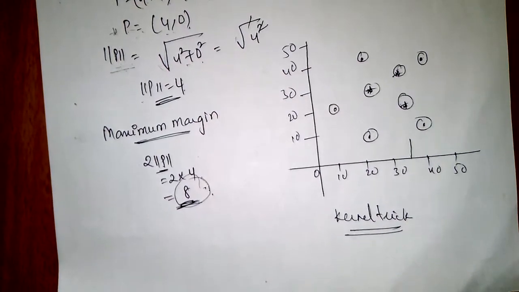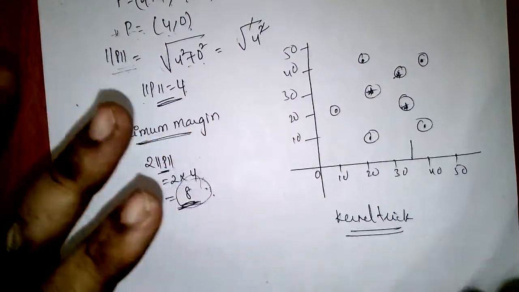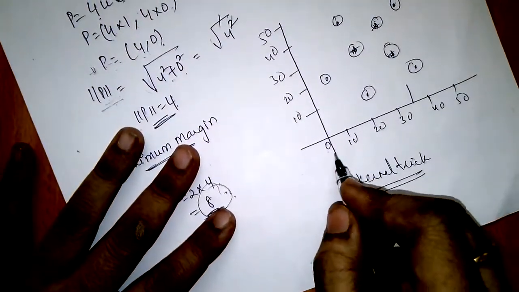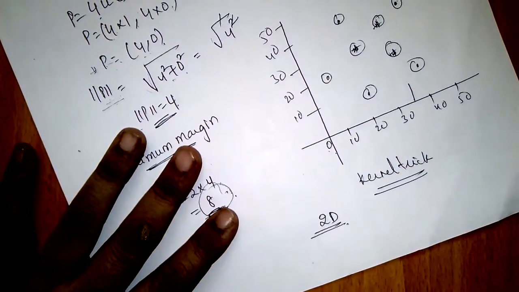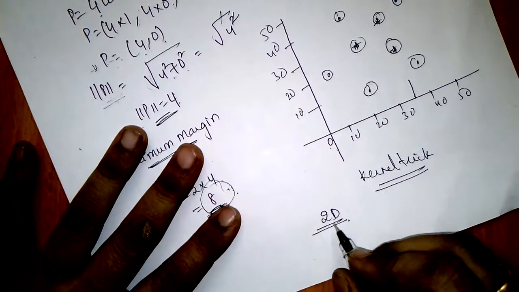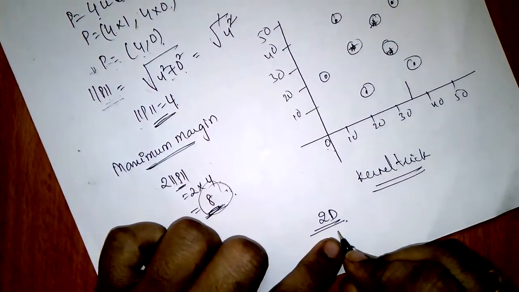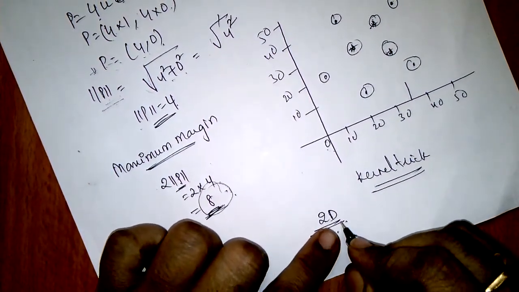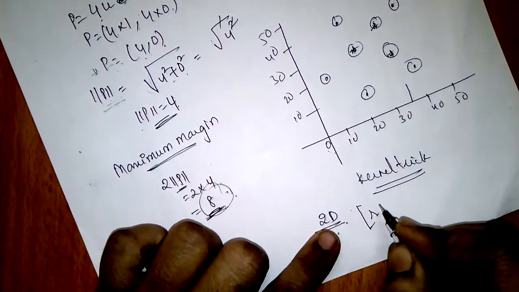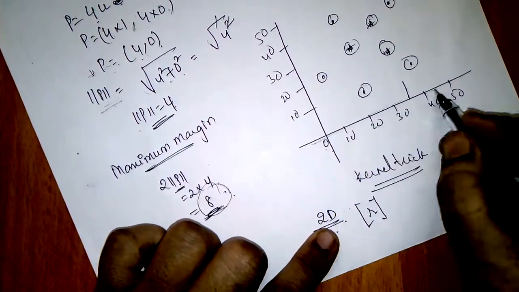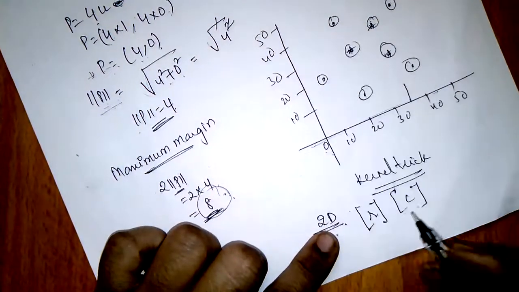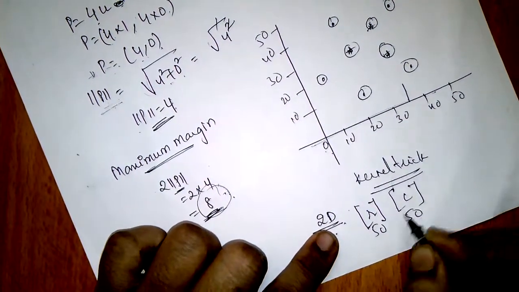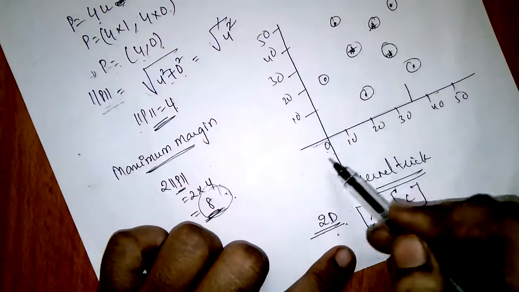So how do we increase this dimensional space? Suppose here we have two dimensions, that means we can think of it as a two-dimensional matrix. What does this two-dimensional space contain? One is rows and one is columns. Suppose we have 50 by 50, this is the two dimensions.